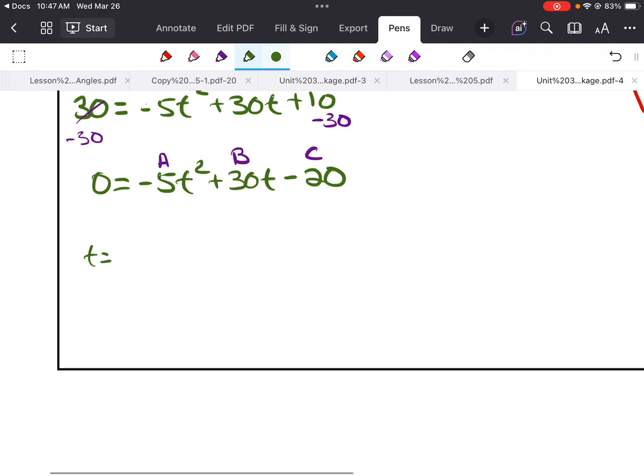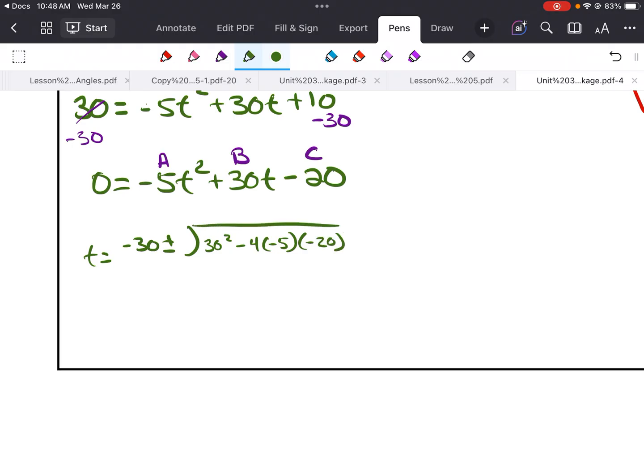So t equals negative 30 plus or minus the square root of 30 squared minus 4 times negative 5 times negative 20. And on the bottom we have negative 10. Okay, doing all that radical stuff all at once, we get 900 minus 400, so it'll be 500.